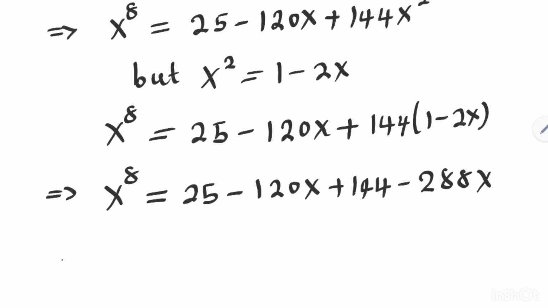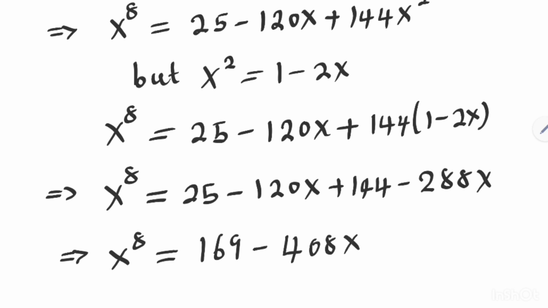Then we have x raised to power 8 is equal to 25 plus 144, that is 169, then minus 120x minus 288x, that is minus 408x. Let us call this equation 4.